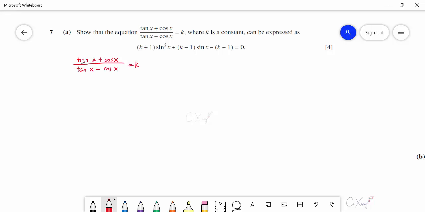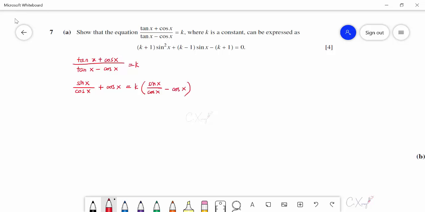For the first step, I want to move the denominator to the right hand side. At the same time, I want to use the identity for tangent, which equals sine over cos. So I have sine over cos for tangent, then minus cos.